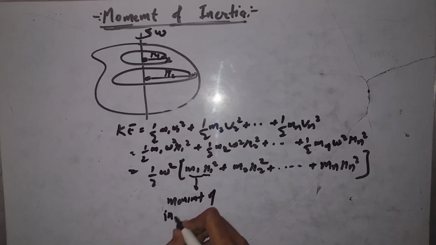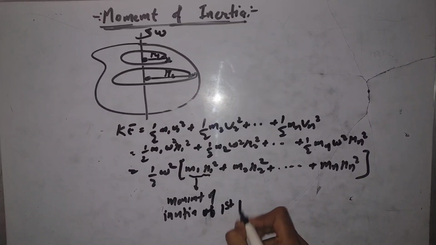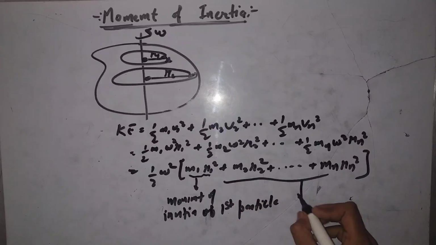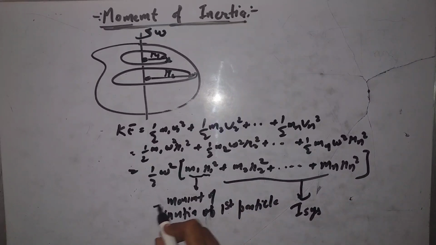This is the moment of inertia of the first particle, I1, and all these add up to I of the system, which we also call I. So the kinetic energy actually becomes half omega square into I. This is where we got to know about the concept of moment of inertia.